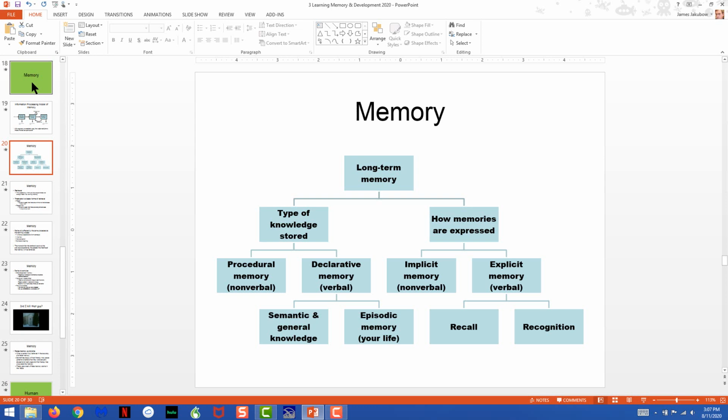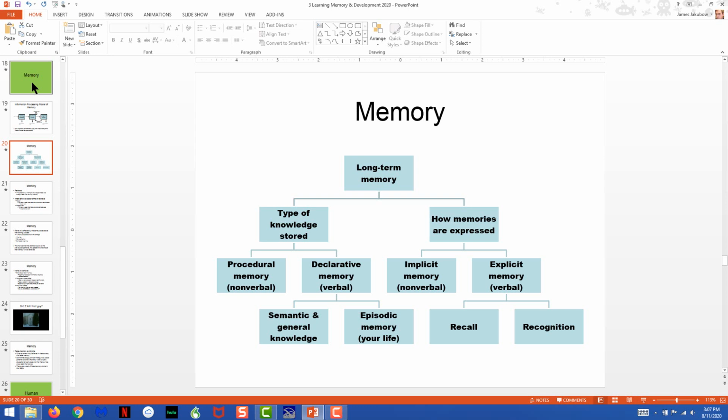Those are directly connected to procedural and declarative memory, respectively. Implicit memory is nonverbal, and it's the pathway out for any procedural memory. And explicit memory, which involves language, is the explicit process out for any declarative memory. And that's the basic layout of long-term memory overall.